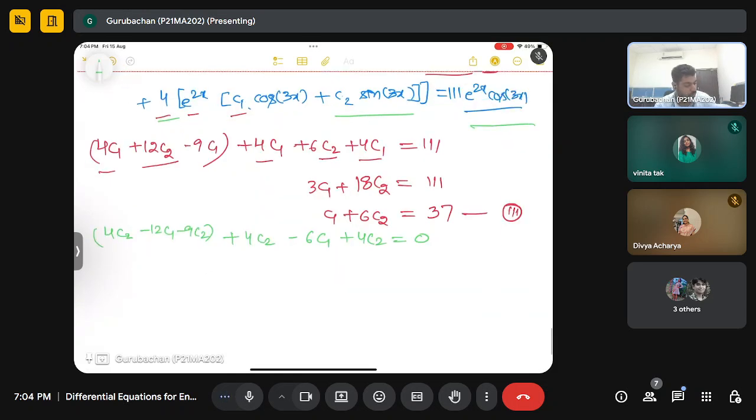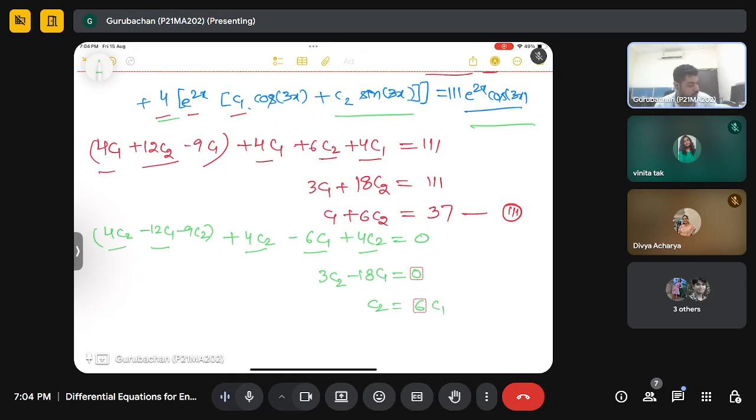So from here you will get minus 12C1 minus 6C1, it will be minus 18C1. And from here 4, 4, 4, 12, 12 minus 9, it will be 3 times C2. Then C2 will be 6 times C1.